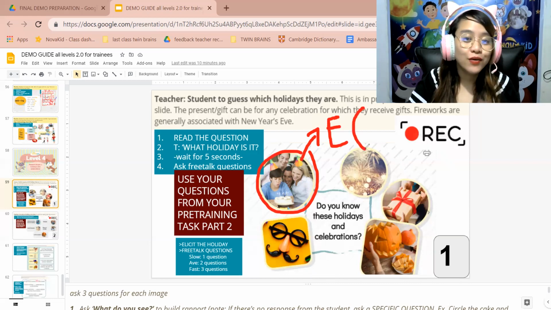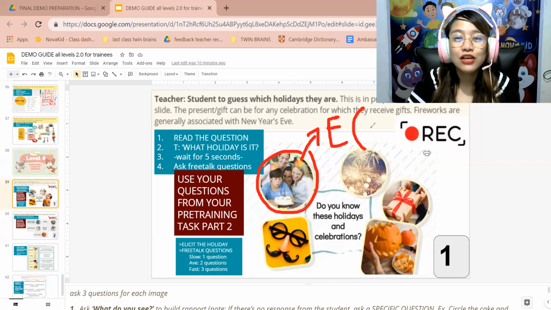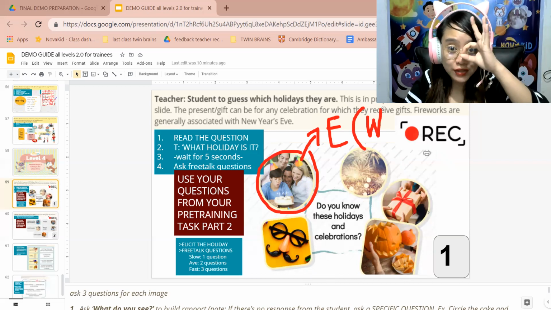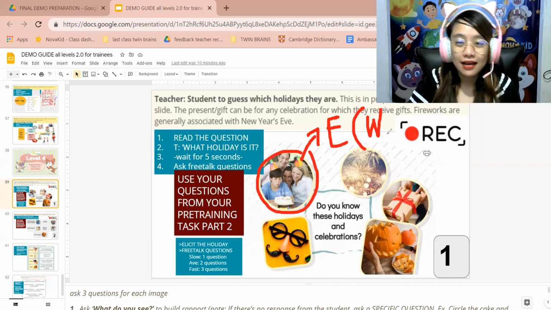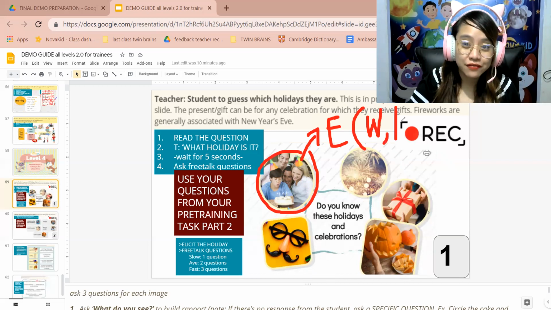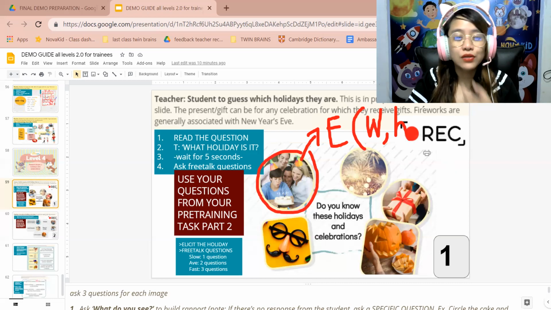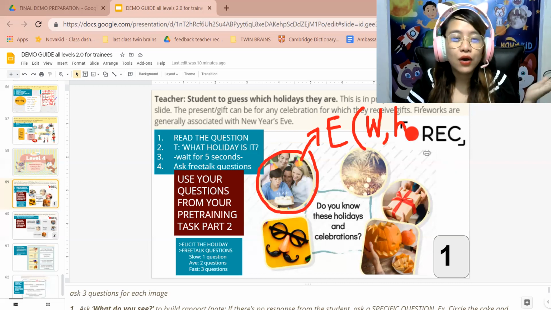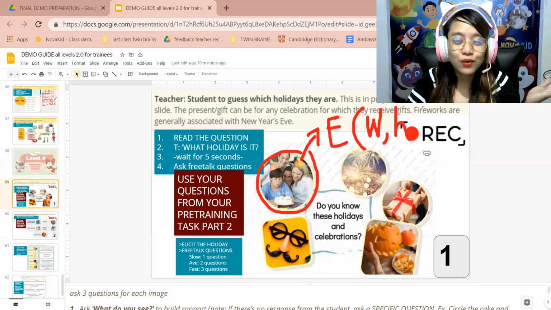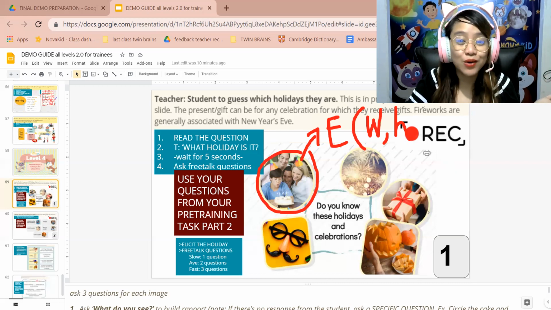How do you elicit the holiday? You can ask, what's in the picture? What do you see? You can give hints, such as the date or any activity that you do. So you can say, we usually have a party and blow out candles.